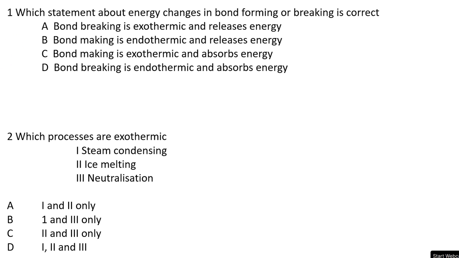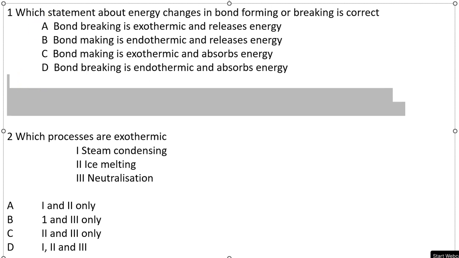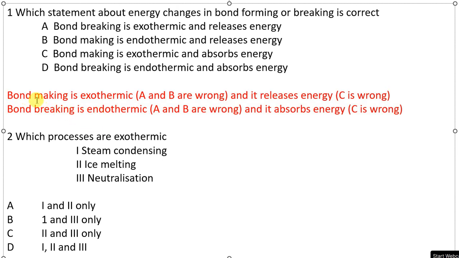2 quick questions to finish off. Which statement about energy changes in bond forming or breaking is correct? Pause the video, take a minute, I'll highlight the answer. Well, bond making is exothermic.